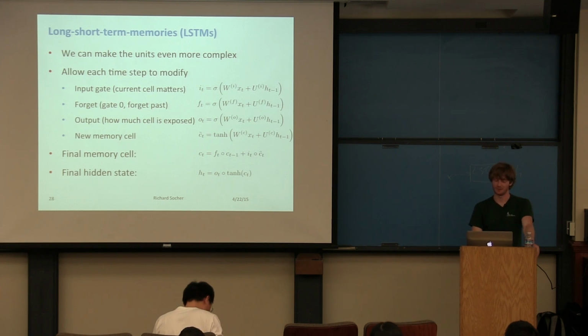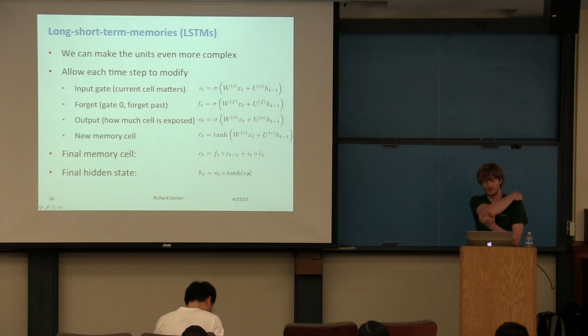Just keep them around. And so usually this will depend on, like, if you want to actually predict a word, for instance, maybe you want to wait until you see the entire sequence and then you want to output only something. And so you basically want to force the model to not actually give the output of its hidden state or hidden memory. All right, so then this is somewhat similar to the GRU as well.